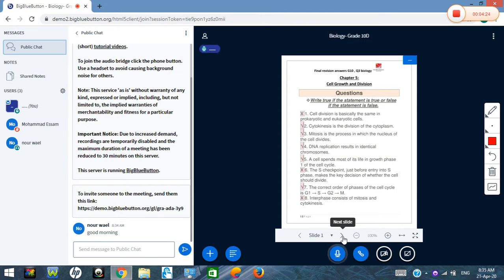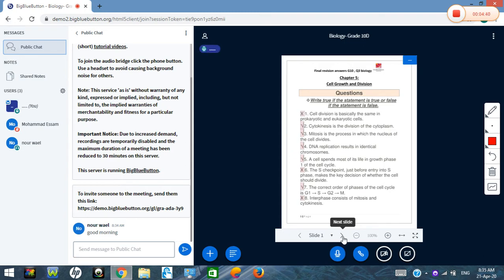S phase, during S phase, synthesis of DNA, or duplication and replication of DNA.